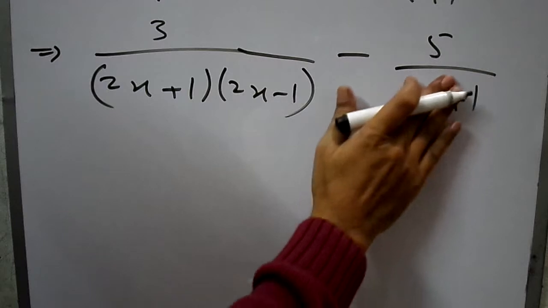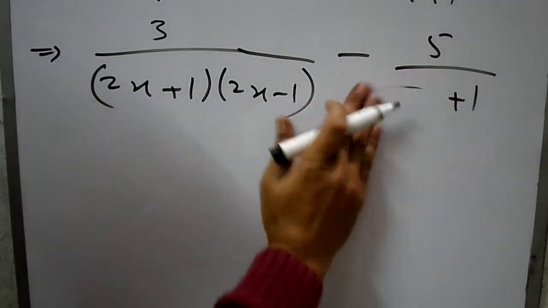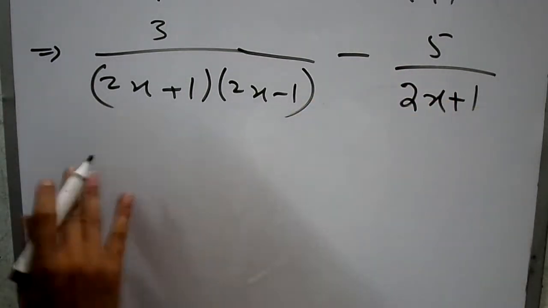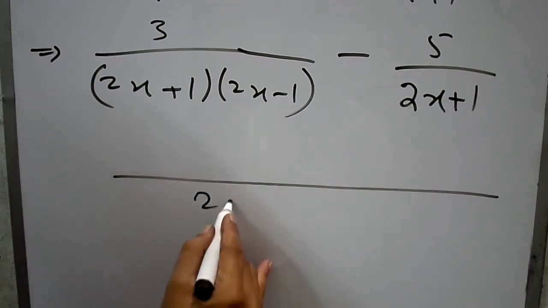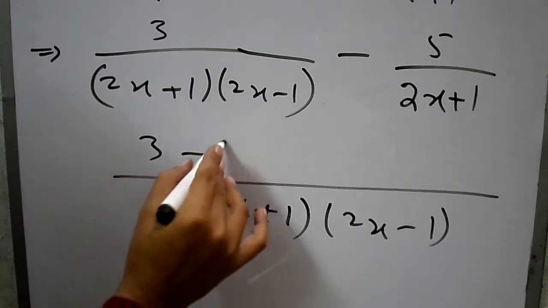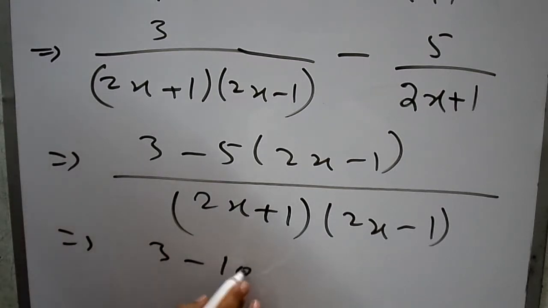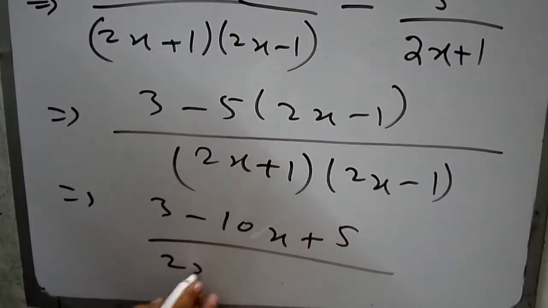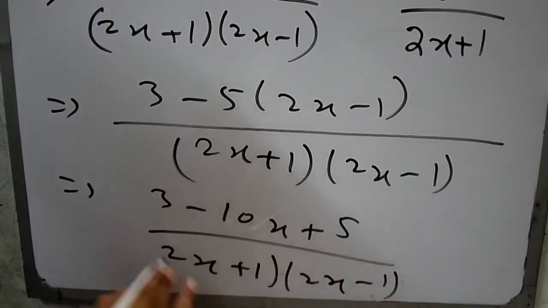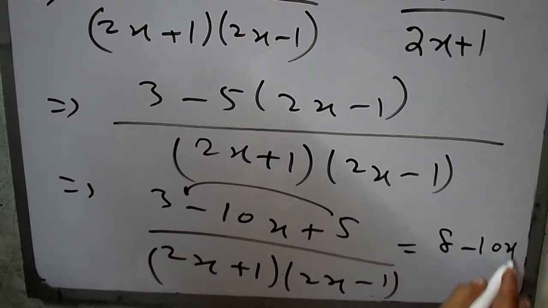So that is your factors. After factorization, for LCM you should take the product of common into product of non-common, so 3 minus 5 into 2x minus 1, that is your simplification step. So you will get, similar terms will be added, 8 minus 10x divided by 2x plus 1 into 2x minus 1.